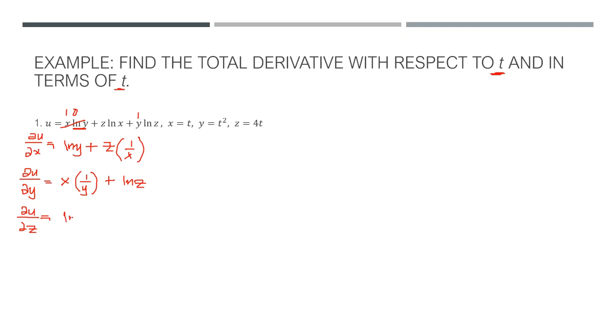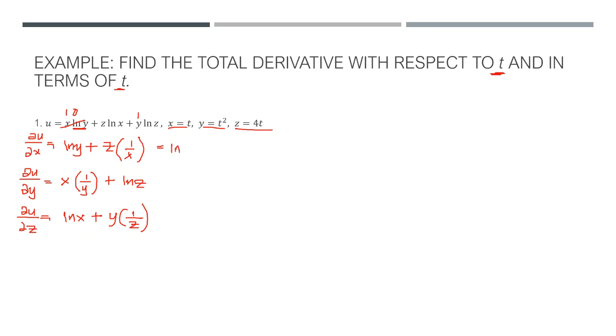So this is equivalent to ln x plus y, which is constant, times the derivative of ln z, which is 1 over z.